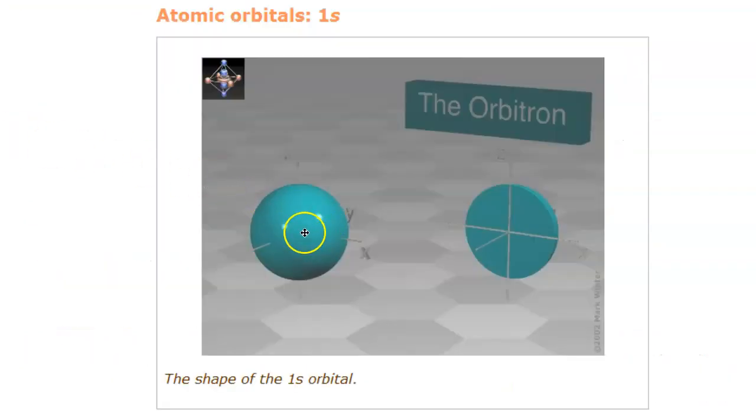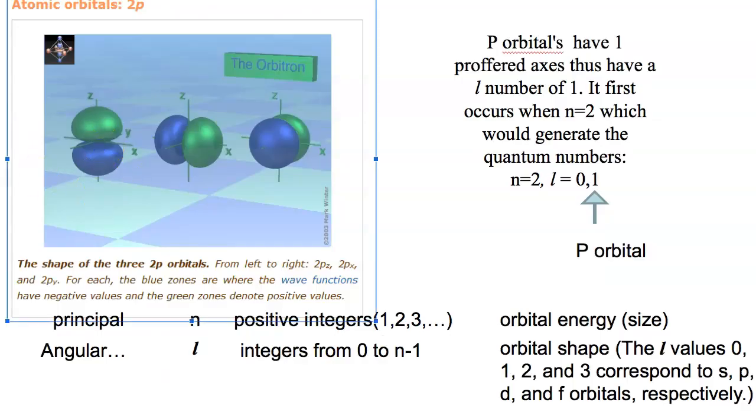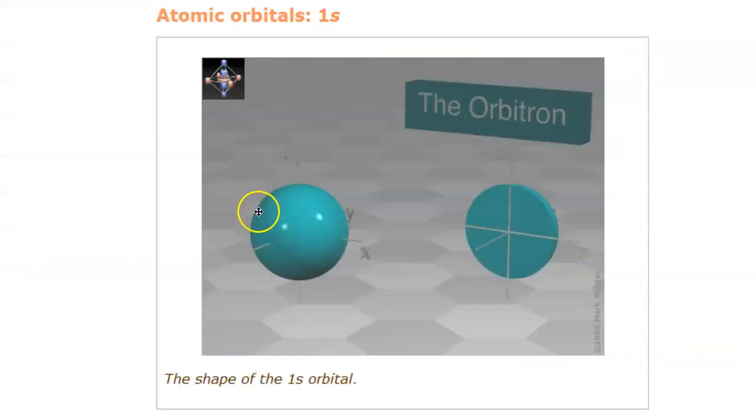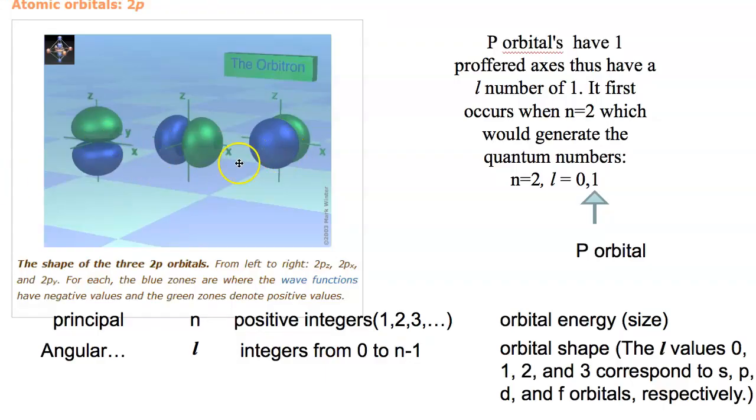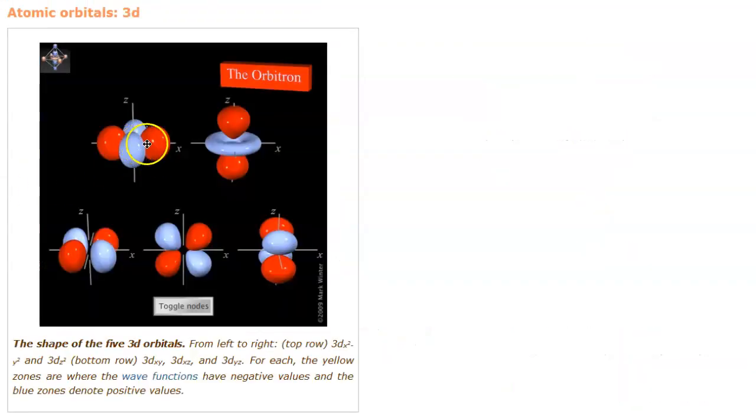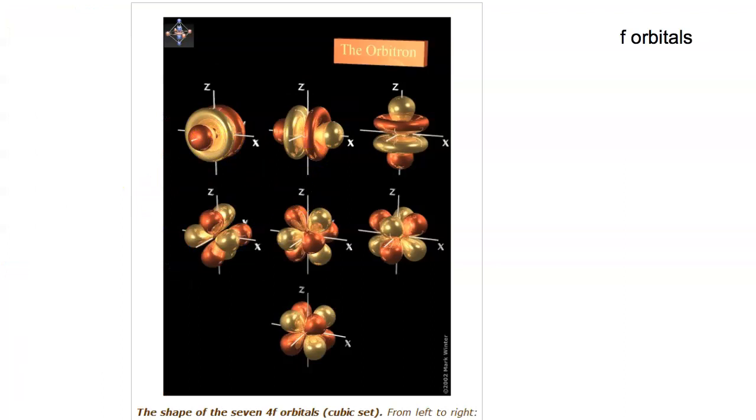An orbital is where 2 electrons can exist. Now, if you notice something, an s only has one form of itself. A p has 3. A d has 5 different types of the same orbital. F's have 7, okay? And that's our next quantum number.